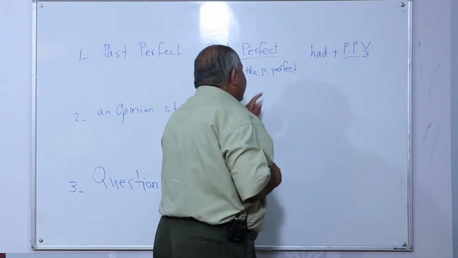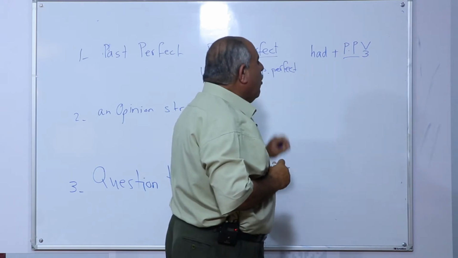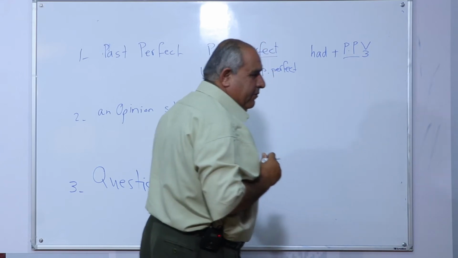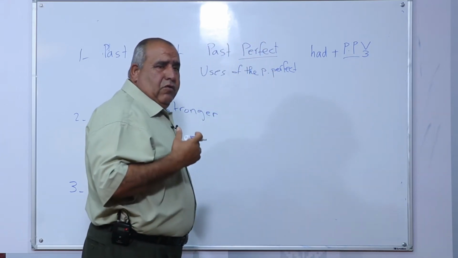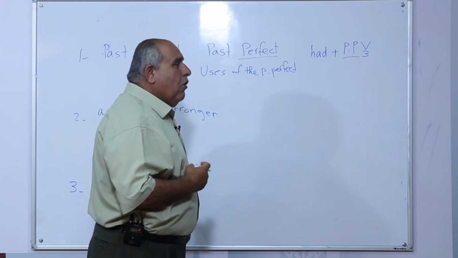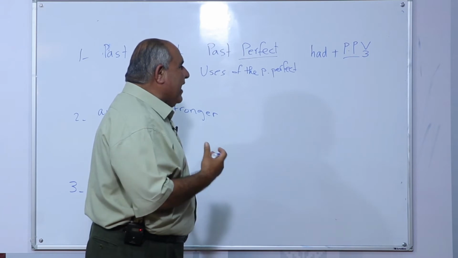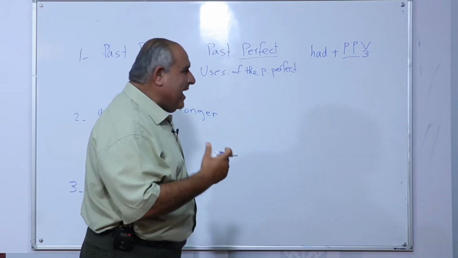This is the form of the past perfect. It is had plus the past participle of the verb for all persons, which means for I, we say I had. For we, we say we had. For you, we say second person you had. We talk about they had, he had, she had, it had, and so on.